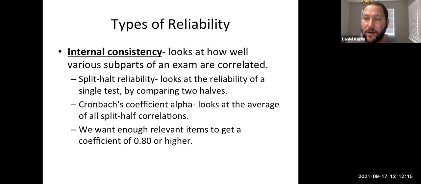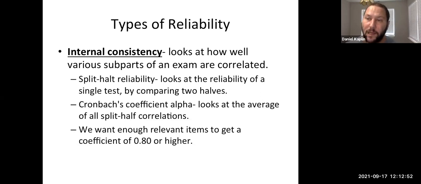Do we get similarity across? The most common way to assess internal consistency is split half reliability, which is where you take a test and convert it into two smaller versions of the test. The most common way to do this is odds versus evens. Then we correlate your score on the odd items relative to your even items, and we expect there to be relative consistency or a strong correlation.